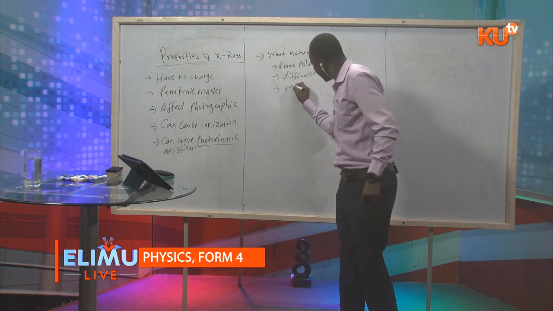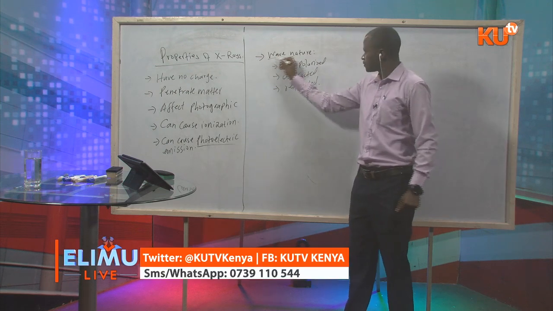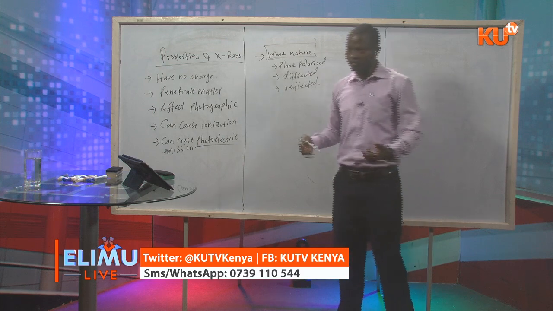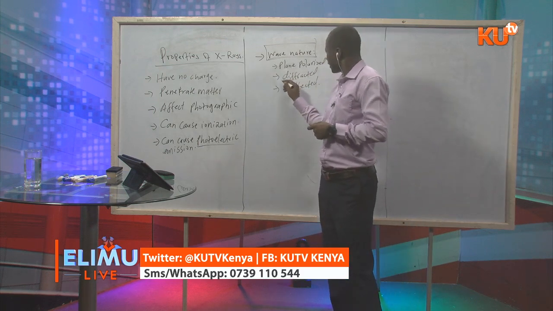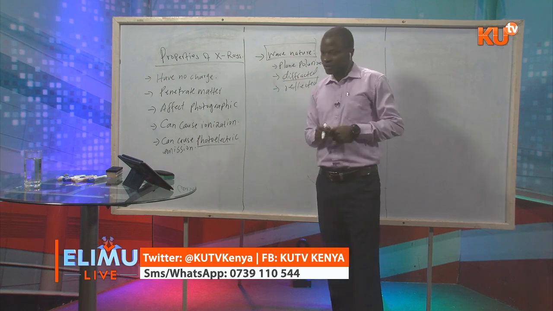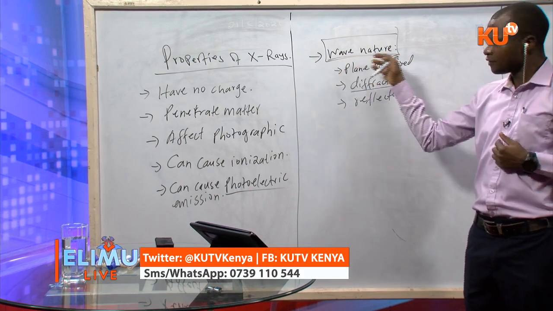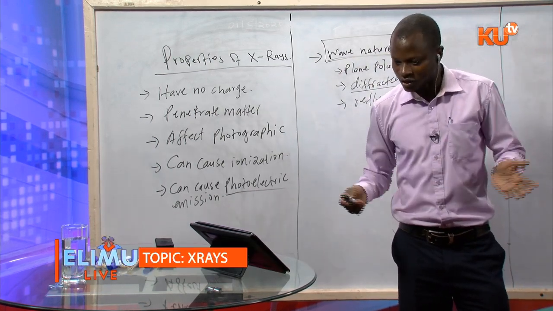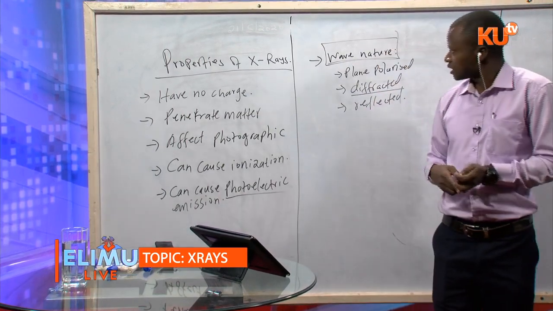They can be reflected, and many other properties of waves. Because they are wave in nature, that means they can be plane polarized and they can also be diffracted. So if you forget about these two, just say they have a wave nature. Anyone who does physics will understand what you mean by that. You don't need to task yourself explaining so much, you can just say they have a wave nature.